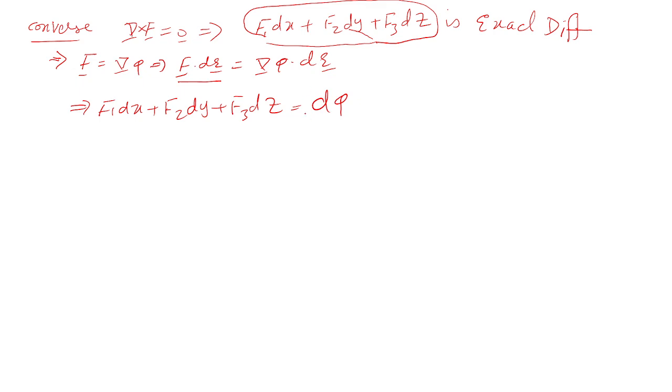The product of these two vectors is d phi. So this implies it is the exact differential of phi, which means that f1 dx plus f2 dy plus f3 dz is an exact differential.